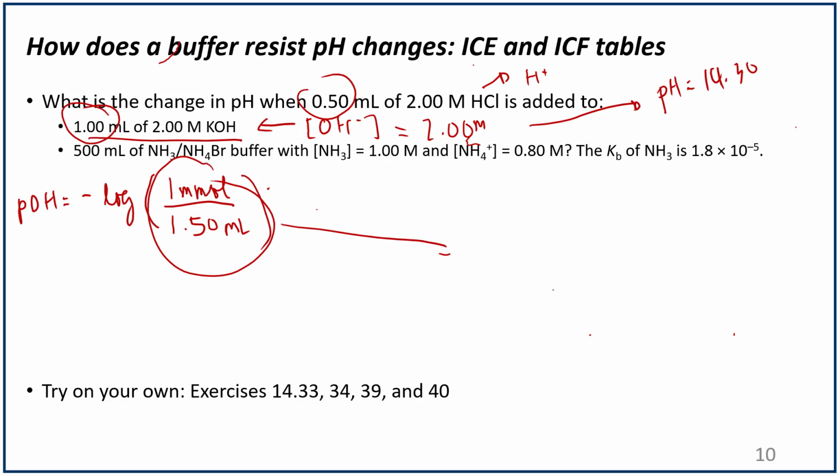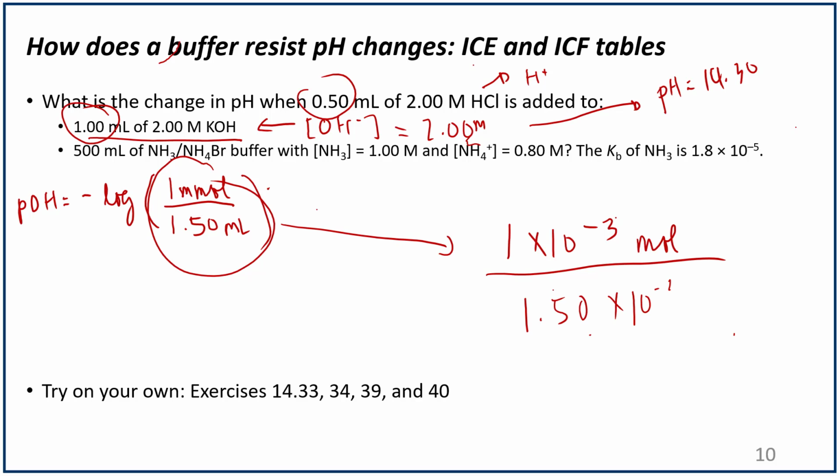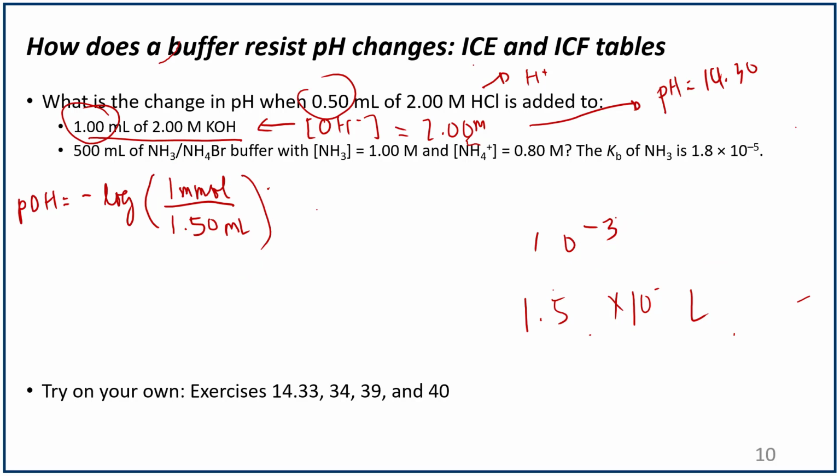I can actually rewrite that as 1 times 10 to the negative 3 moles, that's the prefix milli, after all, divided by 1.50 times 10 to the negative 3 liters. Here, the times 10 to the negative 3 will just cancel out, and in the end what you will get is moles per liter, which is the unit for molarity. But again, that's just to convince you.